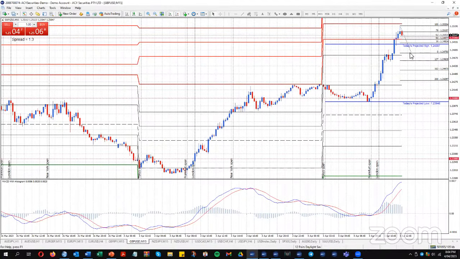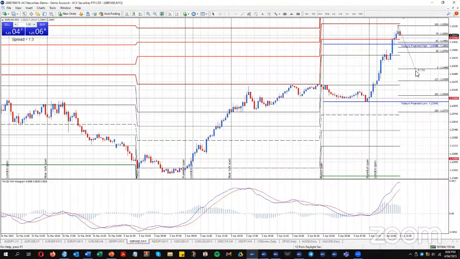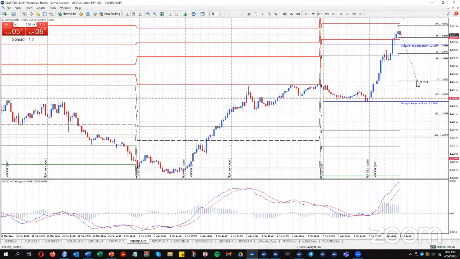So if you get a pullback from here, on the 15-minute, if you start to see a 15-minute decline, so I'd have to get down to that level, then that could be a good opportunity to trade down from 125.